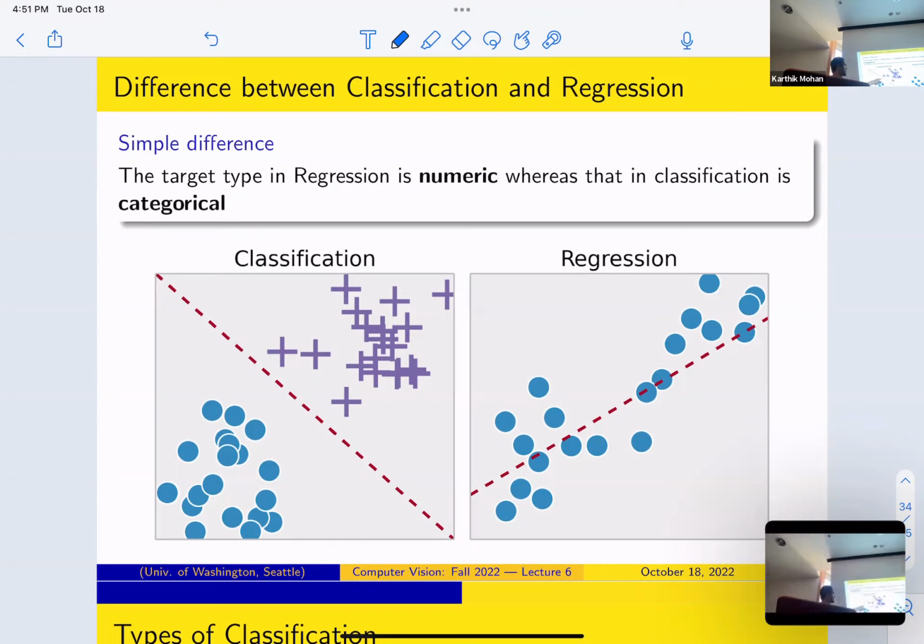But in classification, you know the labels. This is the positive cluster, this is the circular cluster. You want a line that separates the clusters, a line that is able to discriminate. So you can say this is separation or discrimination.